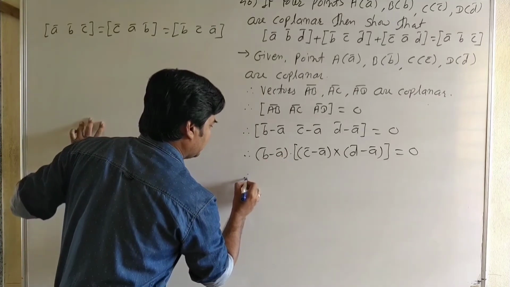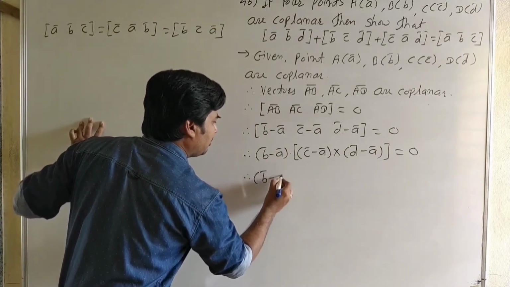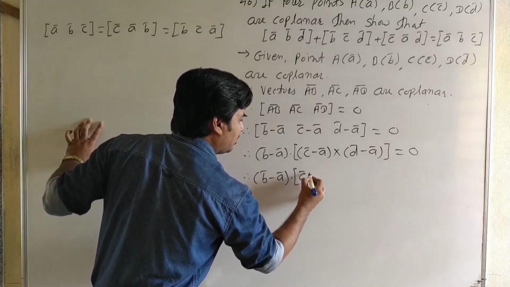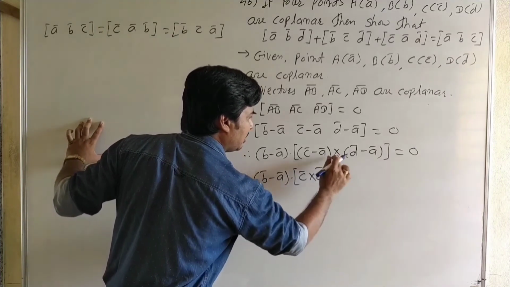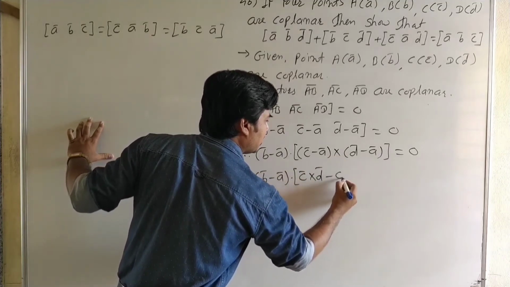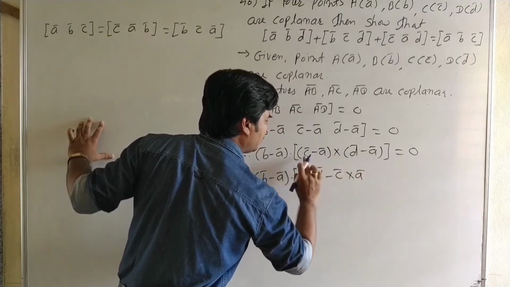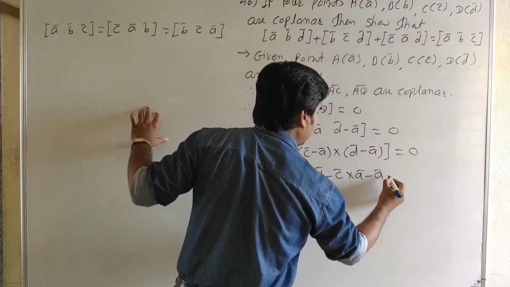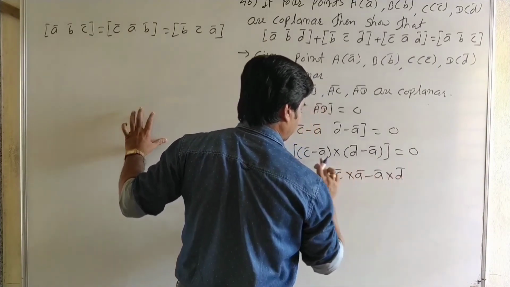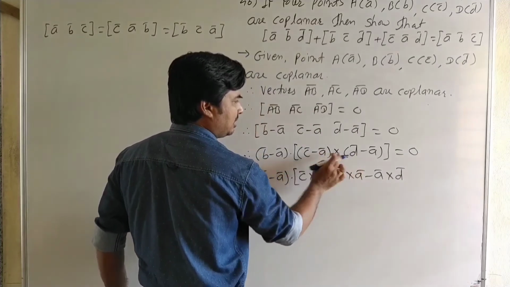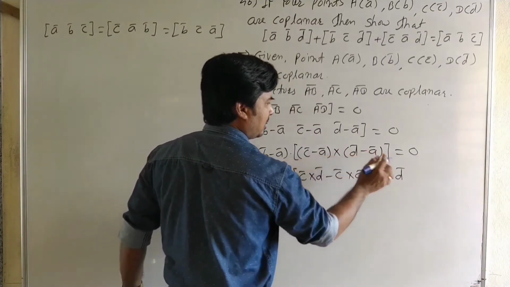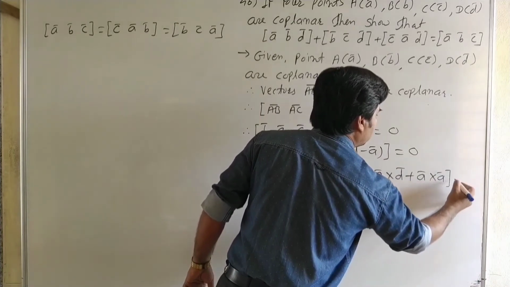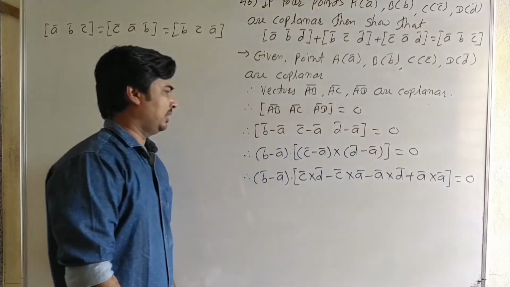Now therefore it is B bar minus A bar as it is dot C bar cross D bar minus C bar cross A bar minus A bar cross D bar, plus A bar cross A bar, and this value is 0.